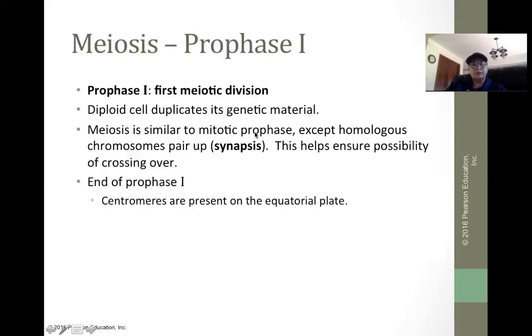Hope that helps. So basically, prophase 1 of the first meiotic division is where the diploid cell will duplicate. It has already sort of done this. It's duplicated genetic material and will kind of line up, except in this case, it's very similar to mitotic prophase, except these chromosomes pair up.